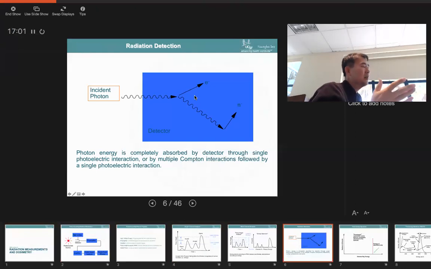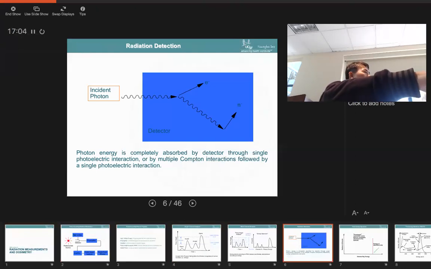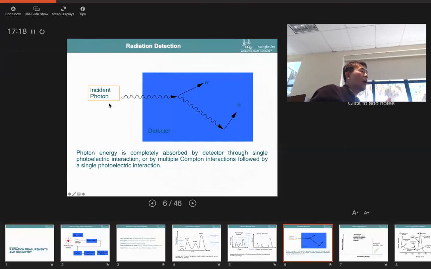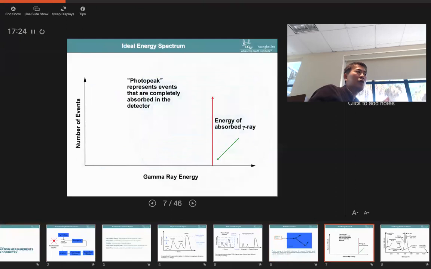But assuming that those electrons are all still absorbed within the detector, then the signal we can collect from the detector corresponds to the entire energy of this incident photon. Okay, but that's not really what's happening every time. There are some other things that could happen. That's what we are going to talk about.